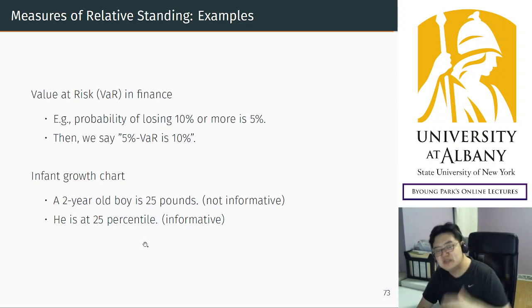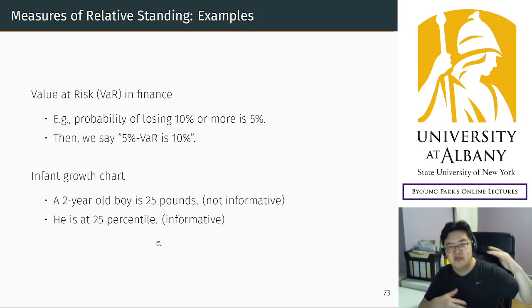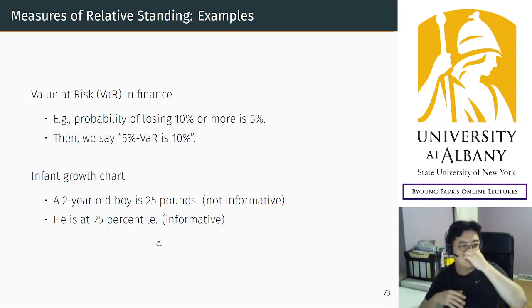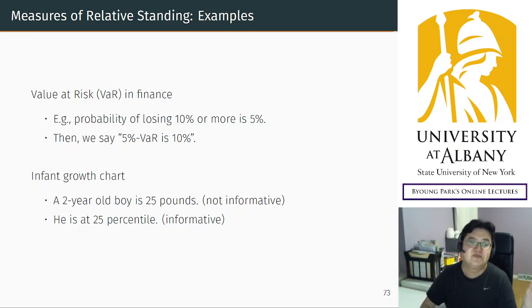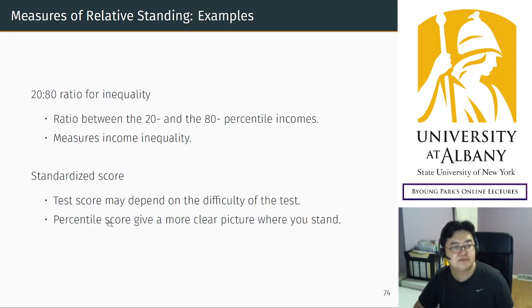He's a little bit smaller than the average, but not that much smaller. If there are 100 boys at his age, then he's the 25th smallest one. So it delivers more information and makes a clearer comparison among the population.